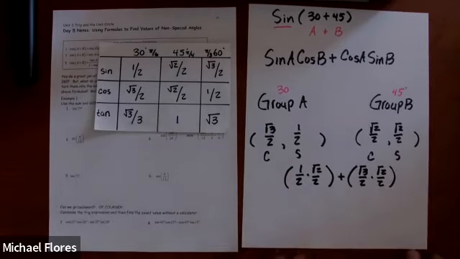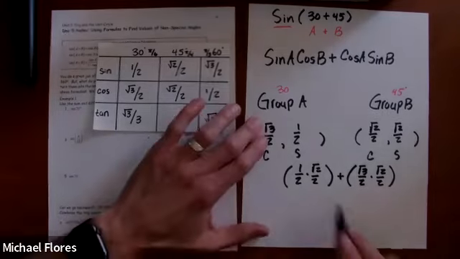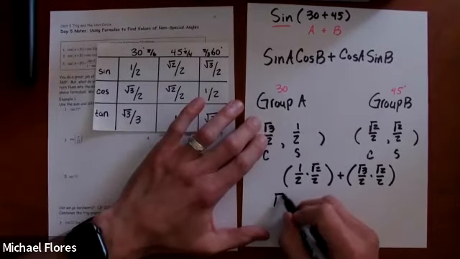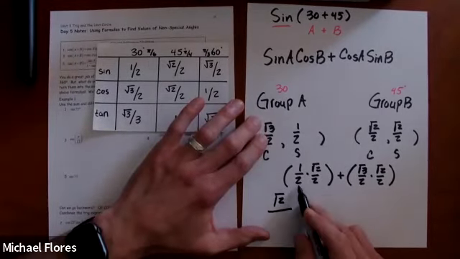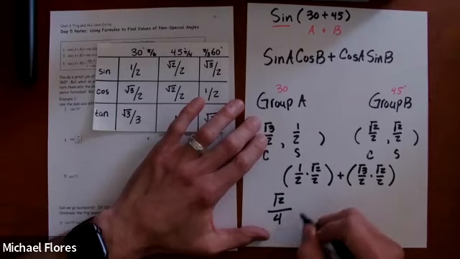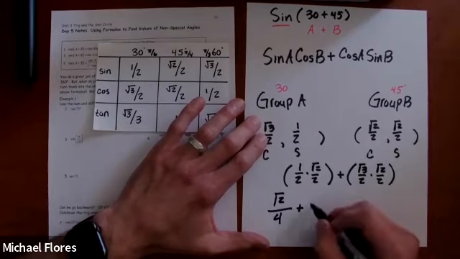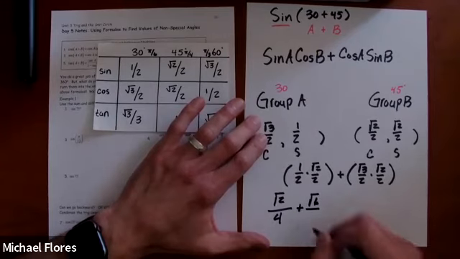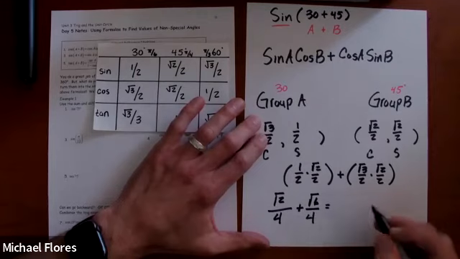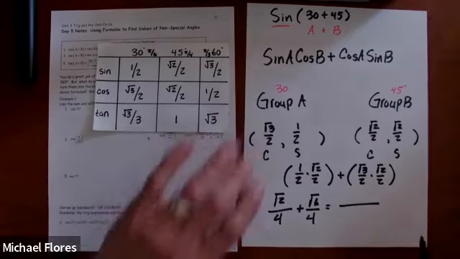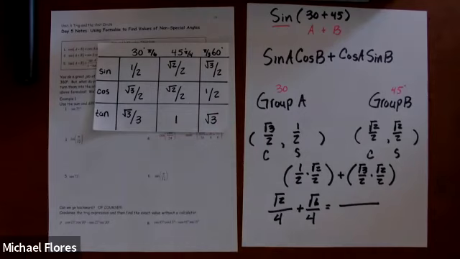And now we begin simplifying from left to right. I'm going to do 1 times root 2 over 2 times 2 plus root 3 times root 2 over 2 times 2. Now remember, whenever you're adding or subtracting fractions, you have to have a common denominator, which we do.